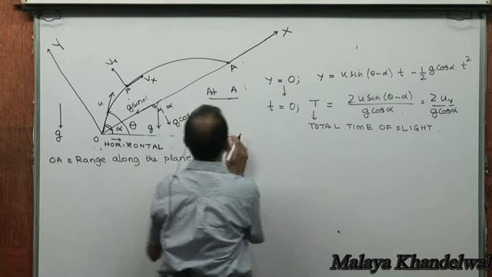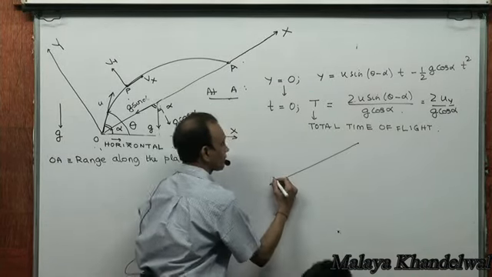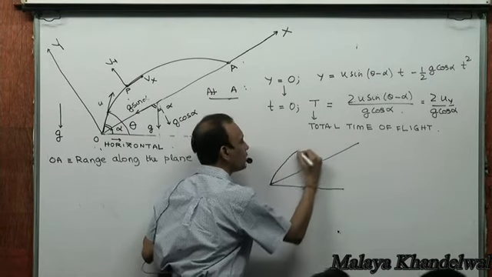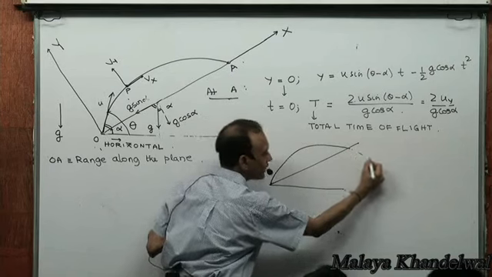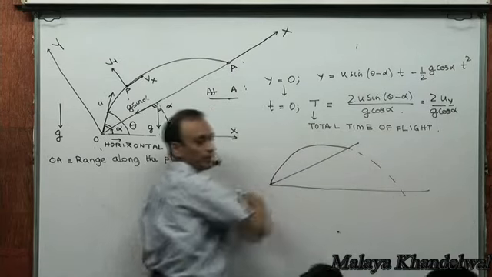Now, notice, had the plane not been there, the particle would have completed its usual parabolic trajectory.